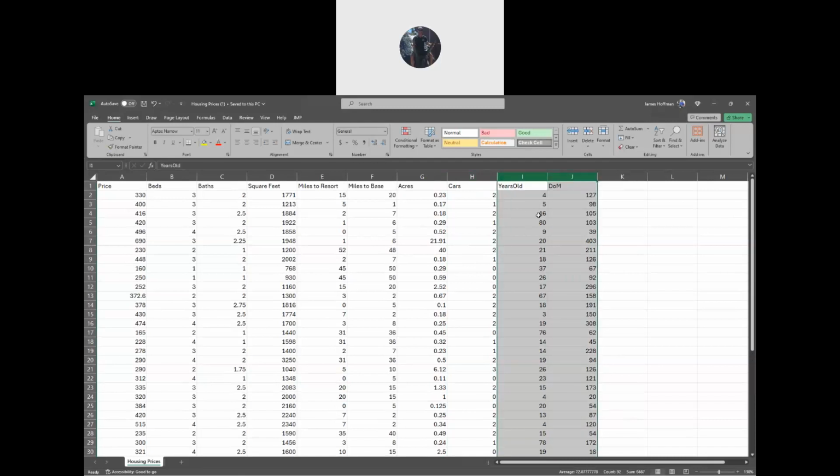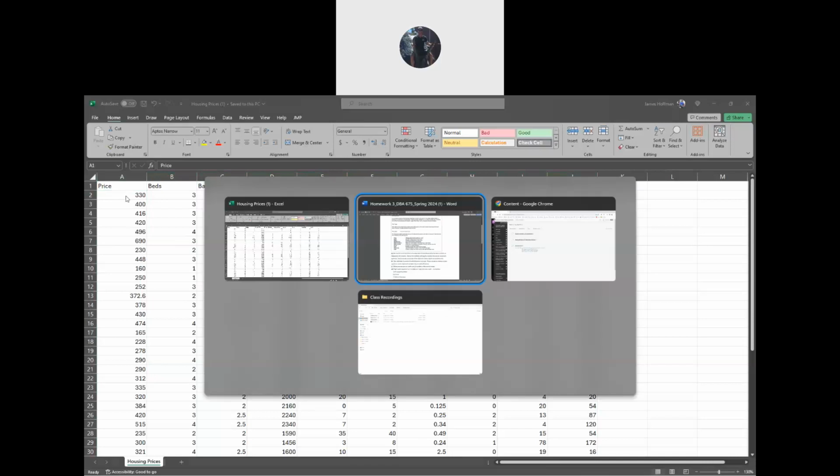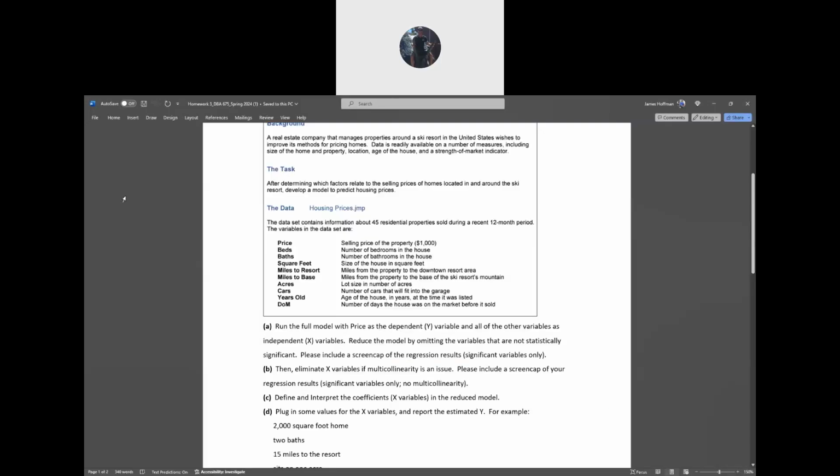But the other ones, you can kind of see how higher prices go up with beds, baths, square feet, acres, cars, and then the farther away you are from the main event, likely the price goes down a little bit. So that's our goal, to use all this stuff to try to predict this. The price is Y.